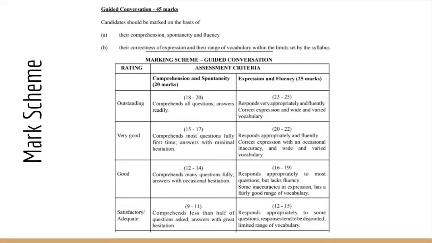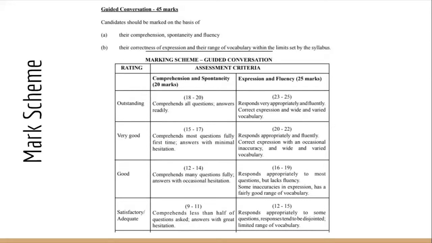And you would answer with minimal hesitation, means then that you're going to be answering quite readily, and even if you hesitate, it's not that often that you do. So that is also something that you can aspire to. On the side entitled Expression and Fluency now, if you get in between 20 and 22 marks, you're responding appropriately and fluently.